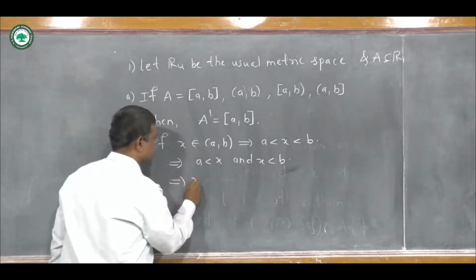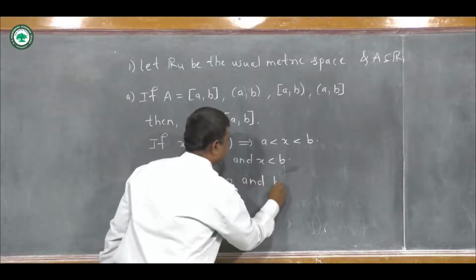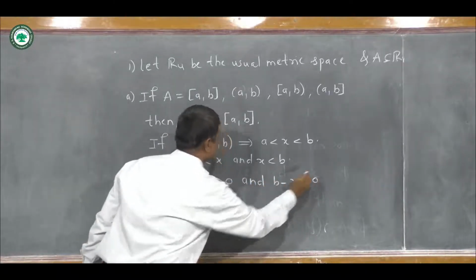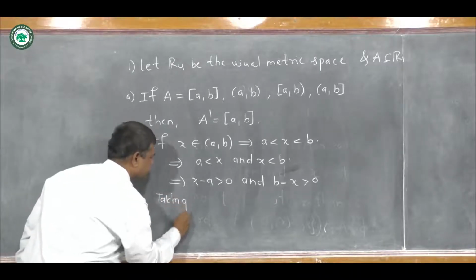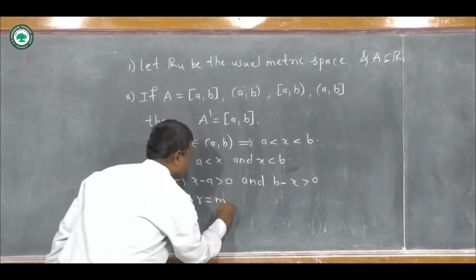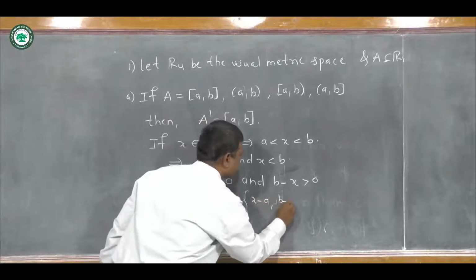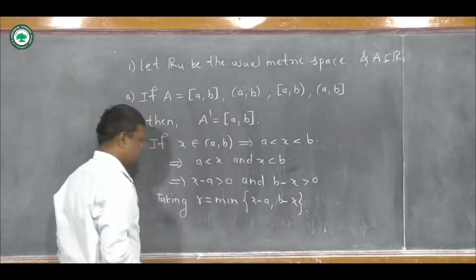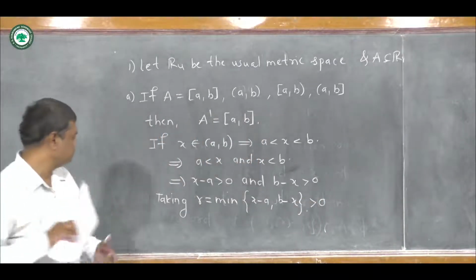So this tells us that x minus a is greater than 0 and b minus x is greater than 0. So we can take r equal to the minimum of x minus a and b minus x, and the value of r is greater than 0 here.